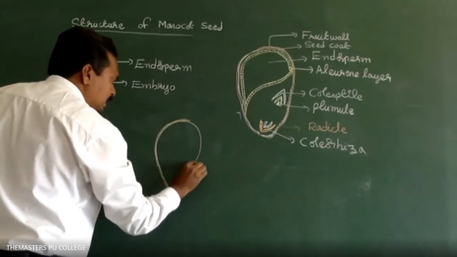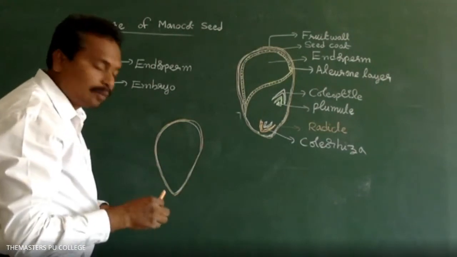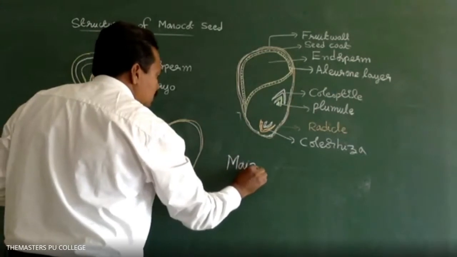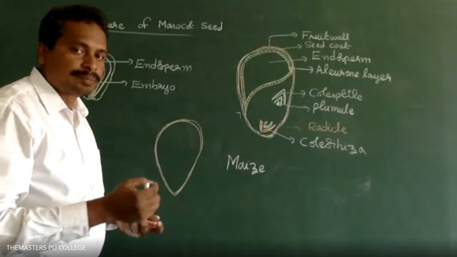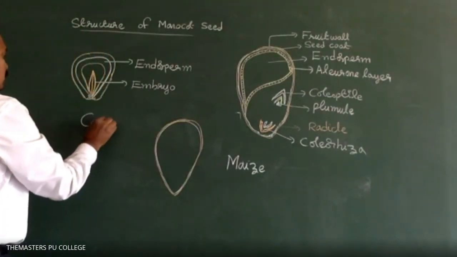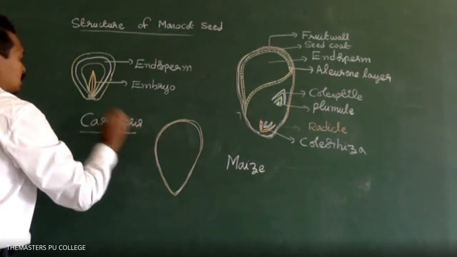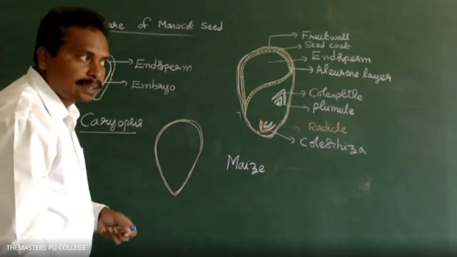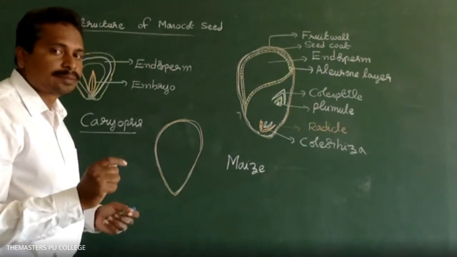In maize, rice and wheat. As per NCERT, the given example is maize. In maize, rice and wheat plants, the fruit is a caryopsis.